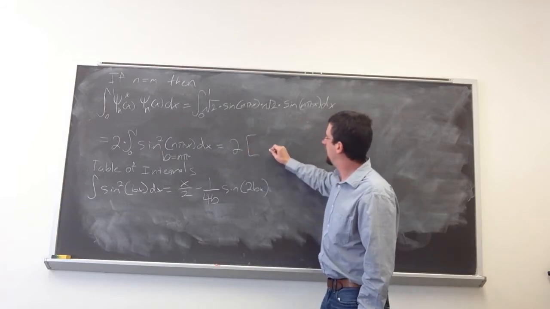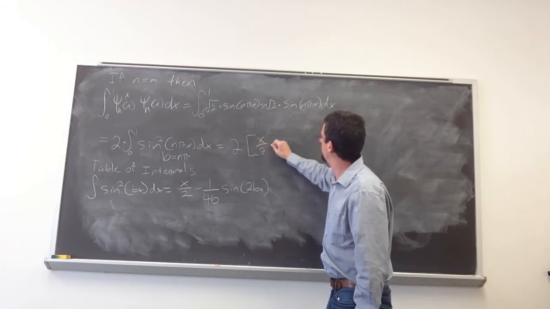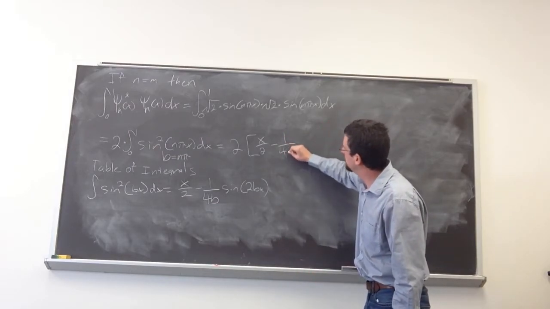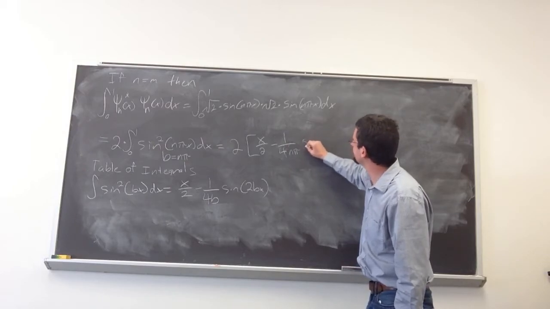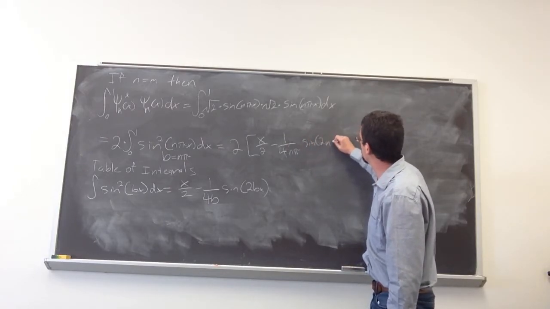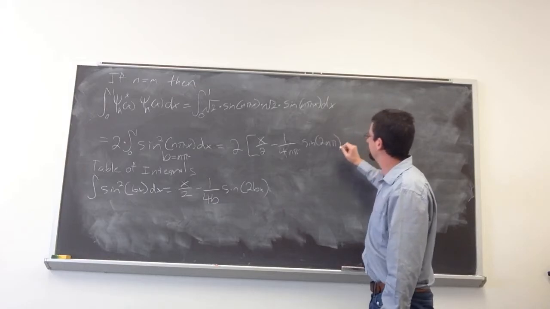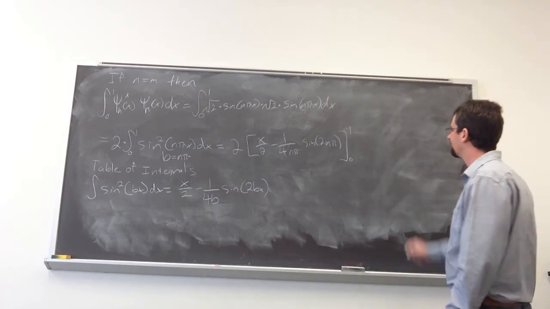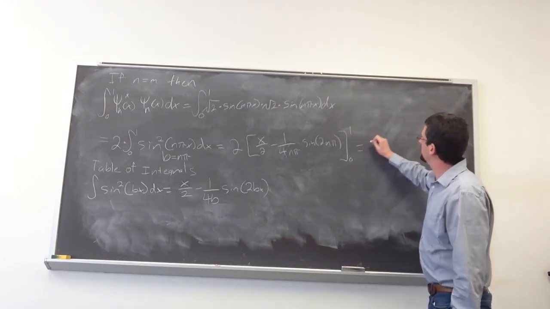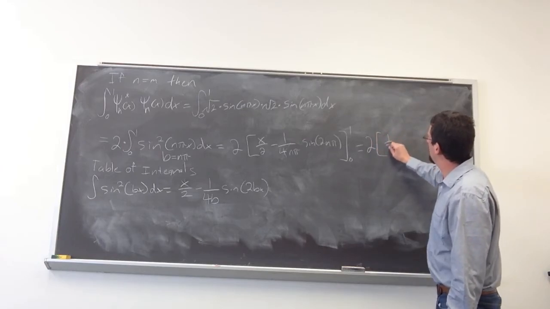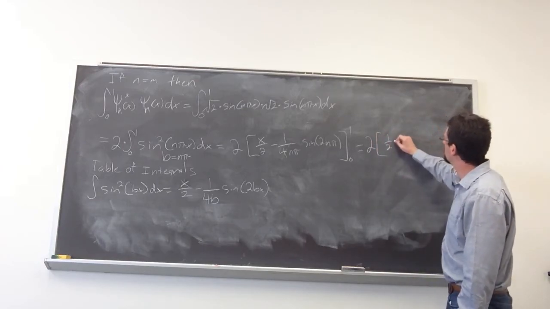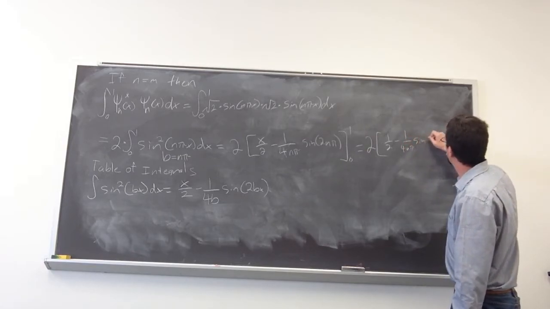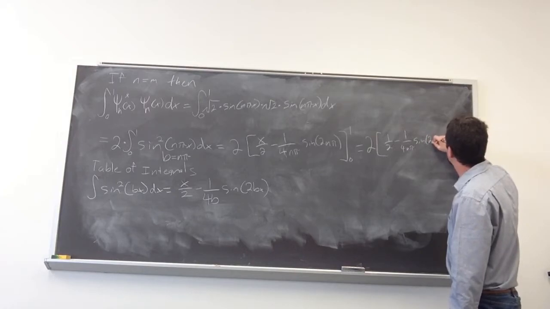We get 2 times x over 2 minus 1 over 4 times b, where b is n pi, times sine of 2 n pi, evaluated from 0 to 1. Okay. If we do that, let's see what we get. We get 2 times 1/2 x minus 1 over 4 n pi sine of 2 n pi.